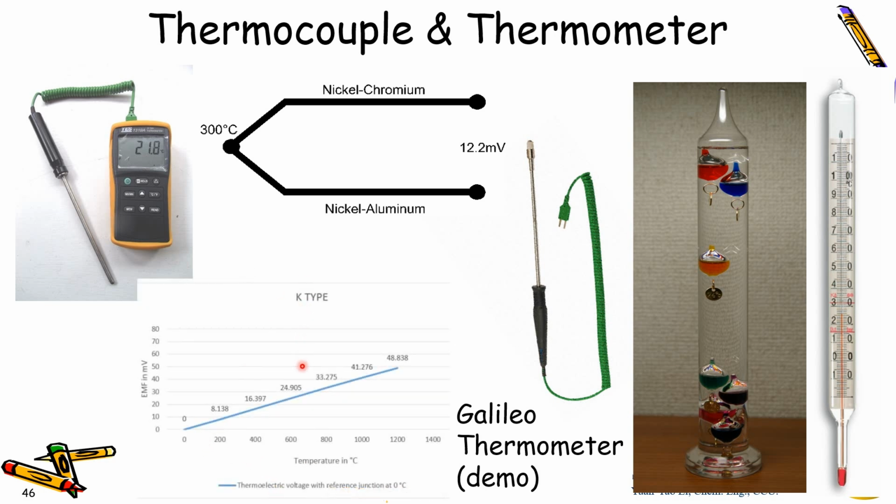This is K-type. So you can find an equation for this type. Once you have the mathematical equation, you can predict the temperature. Even if you just have 7 data points, if you find a linear equation, you can predict any temperature on this line.